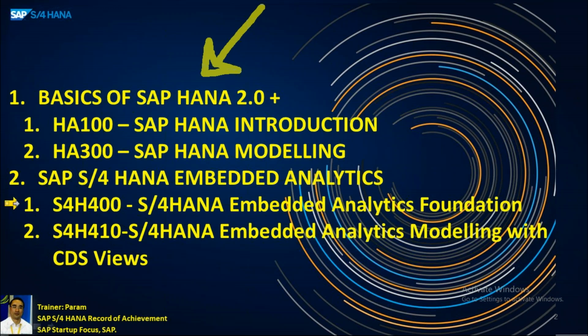Then followed by the S4, which is the foundation S4H400, the foundation on the S4HANA basics, and the basics of the reporting or embedded analytics, followed by further development or working with new types of S4HANA views that is referred to as the CDS views, so core data services.